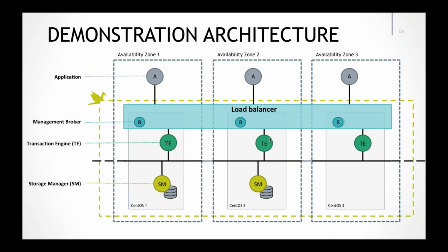Just highlighting a little more detail about this broker layer, we see that highlighted in this greenish color, and that's what we're labeling there, the load balancer. So each application connects in there first, based on its request of what it wants to prioritize for a TE, what we would call application affinity.